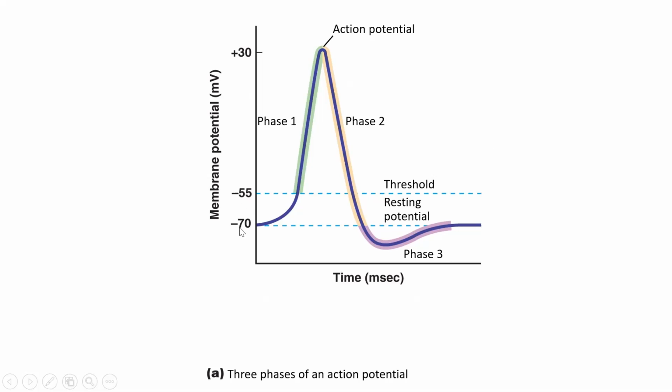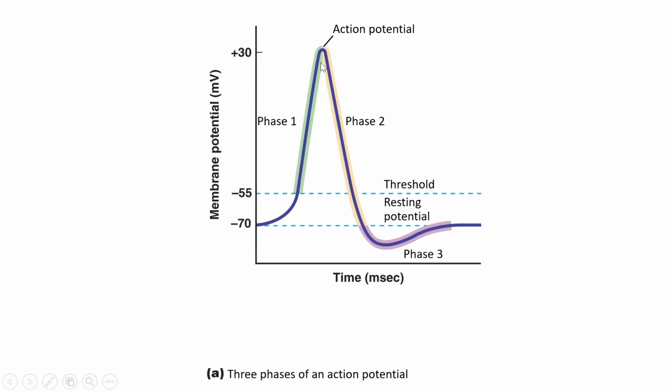So I'll just briefly describe here. We're comparing the membrane potential on the left to time, and so these are the events of a single action potential. We go from the resting state to -55, which is our threshold value. I'll describe what threshold means later on. We then depolarize this cell.